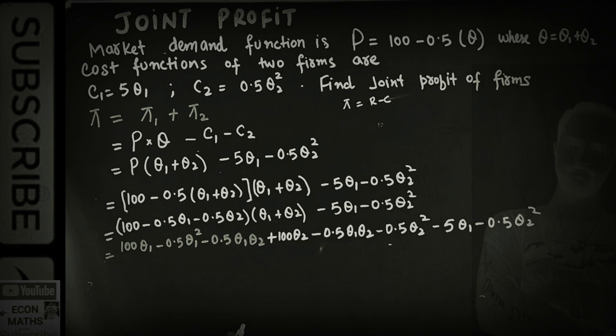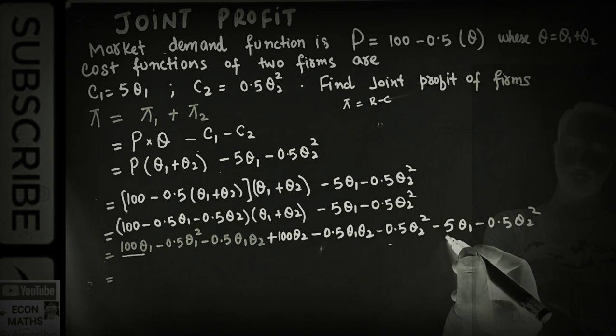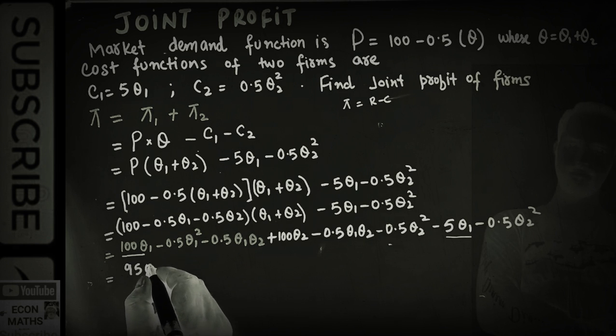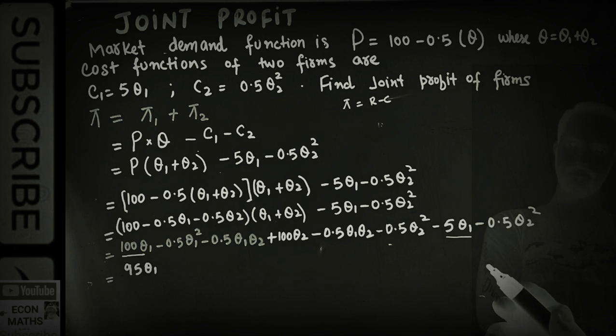So let us see if we have some like terms. We have 100 Q1, here we have minus 5 Q1. So 100 minus 5 is 95 Q1. Do we have any other similar term here?